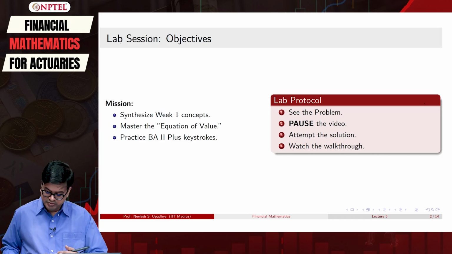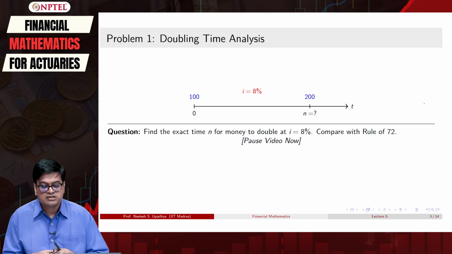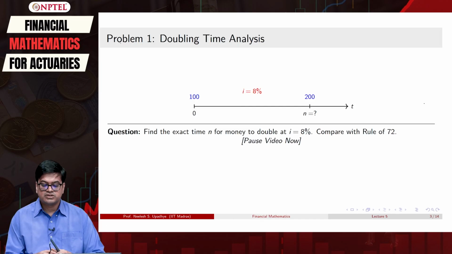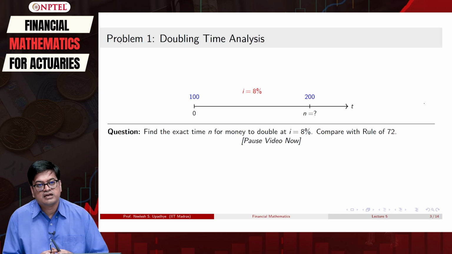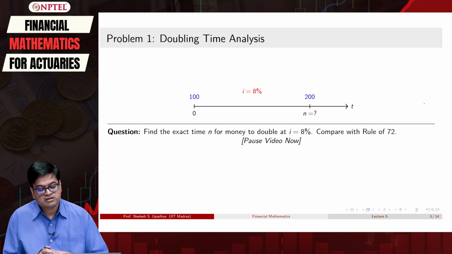Let's begin with our first mission, doubling time analysis. We have already used this in the previous lecture, and now it's just a revision. The question is, I have $100 and I want to find out when it will double.